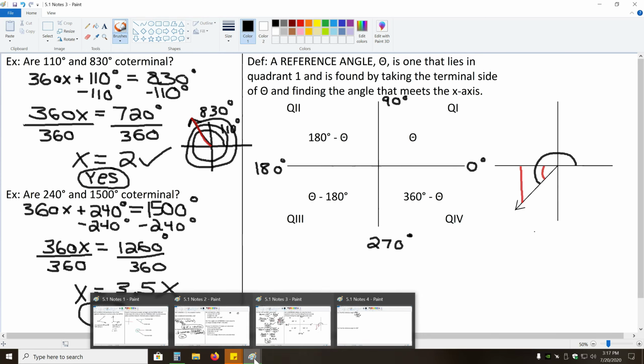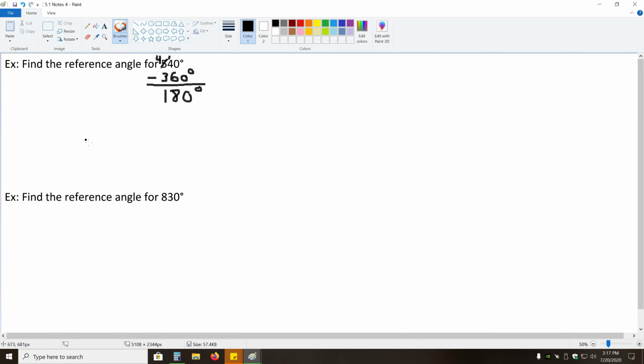It'll give us the same result either way. So if we just use 180 degrees minus theta, so minus 180 degrees, we'll be left with 0 degrees. So 0 degrees is the reference angle for 540 degrees.